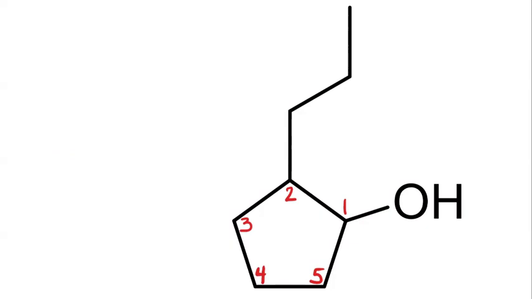When it comes to naming the parent chain, since this is a cyclic alcohol, we can write the name of the cyclic alkane. Since there's 5 carbons in the cyclic system, this actually came from cyclopentane. But because this is an alcohol, we're going to take the E ending and we're going to write OL.